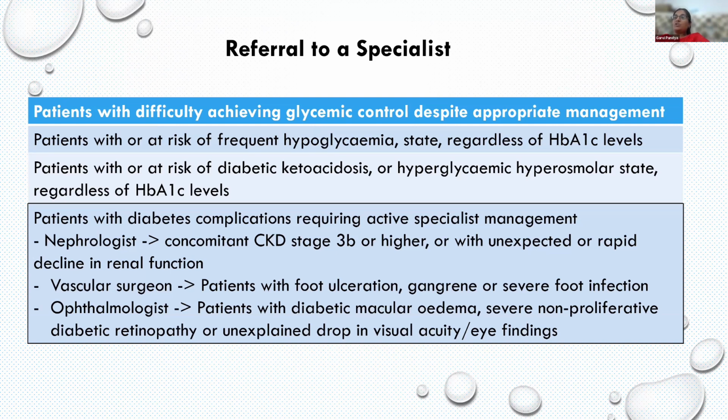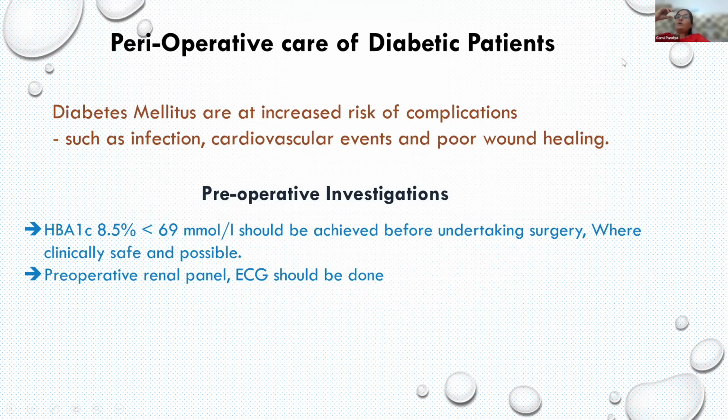Patients with foot ulceration, gangrene, or severe peripheral arterial disease have to be referred to the vascular surgeon, and to the ophthalmologist if they have diabetic retinopathy. So these are the overall care of diabetic patients.